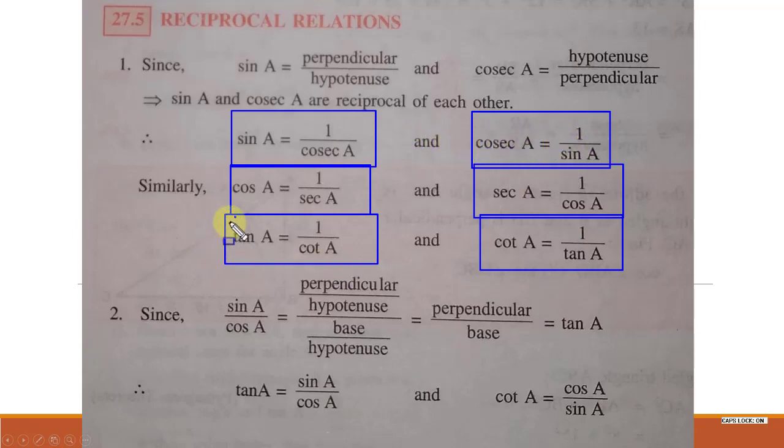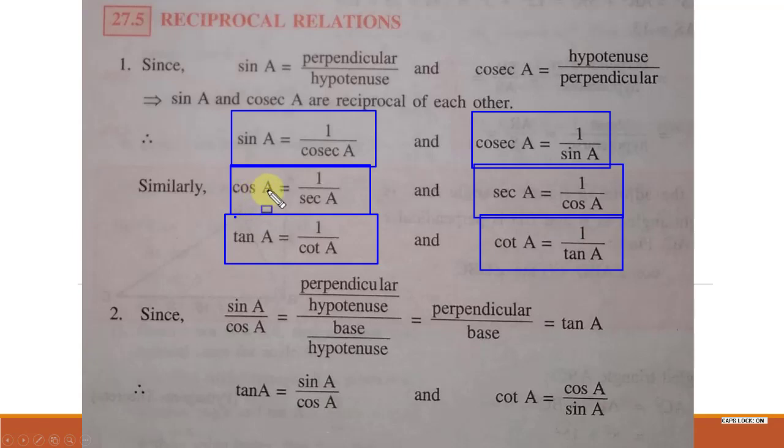Similarly, cos A is equal to base by hypotenuse and sec A is equal to hypotenuse by base. So cos A and sec A are reciprocal of each other.